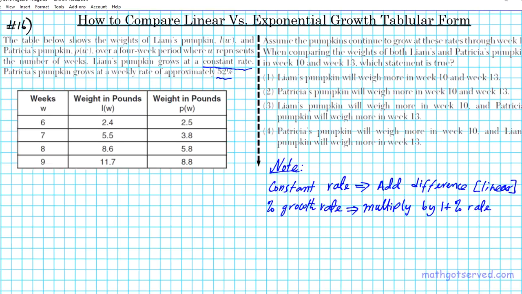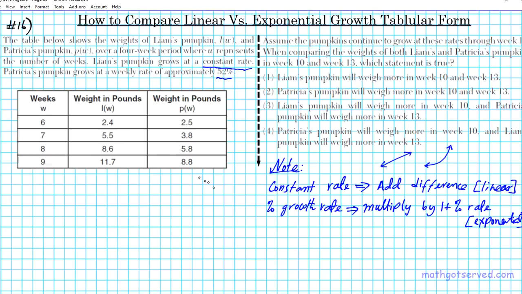And in this scenario, we have an exponential growth scenario. Okay, exponential growth function. Alright, so when you have a constant rate, it is a linear function, just like a straight line. And then for the second one, if you have a percentage growth rate, it is an exponential function, which is a function whose rate of change increases over time.